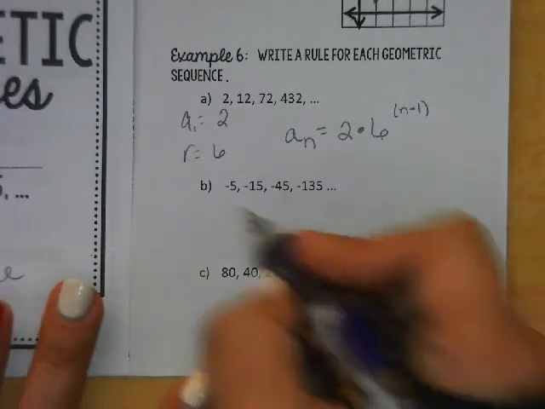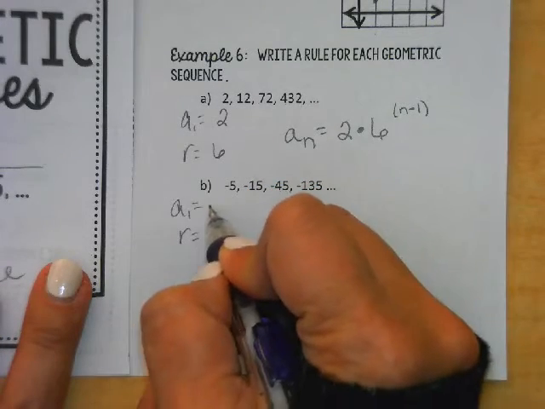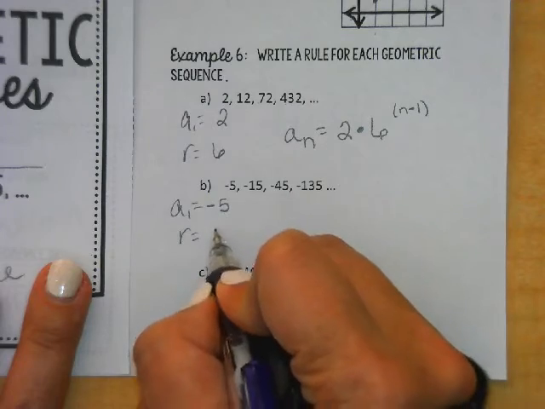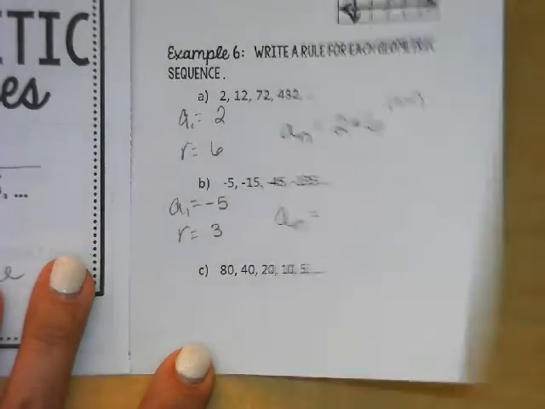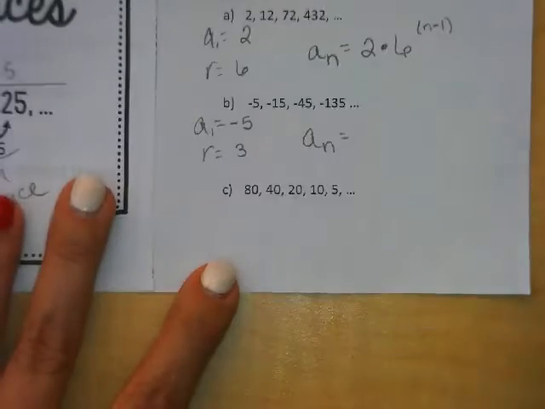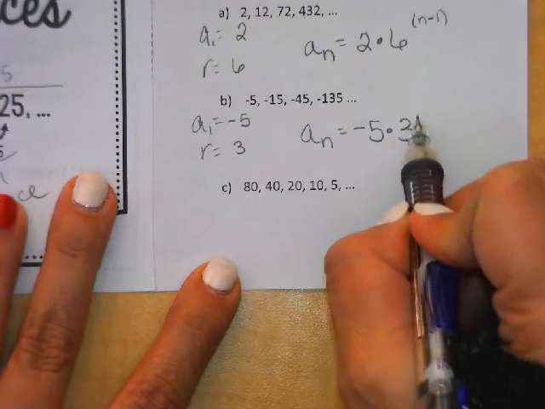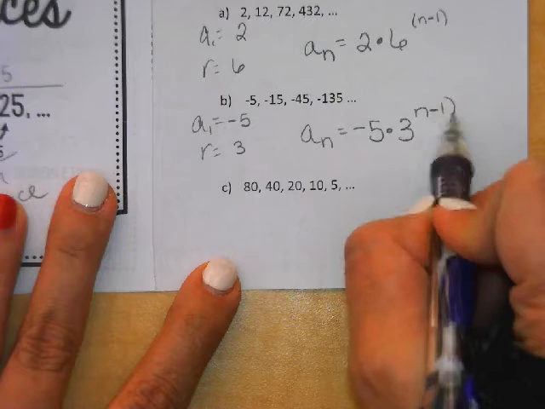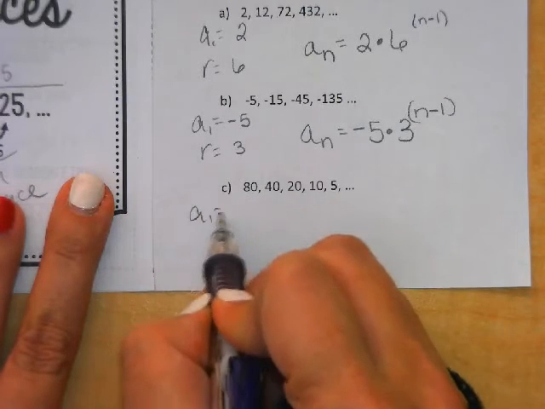All right. Then what's our B? On B, what's our common ratio? Positive 3. So what's my rule? A sub n equals what? -5 times 3 to the n minus 1 power. Good job. And the last one.